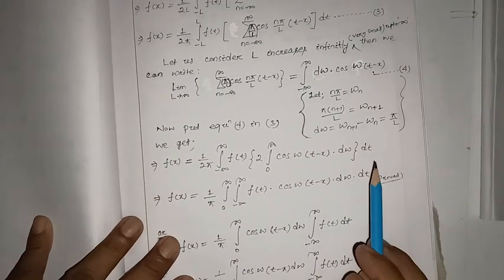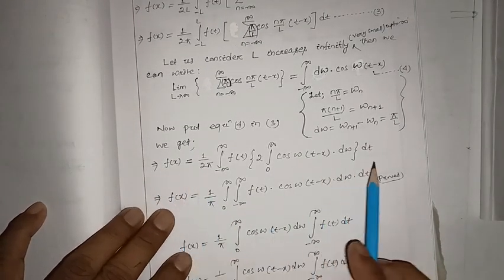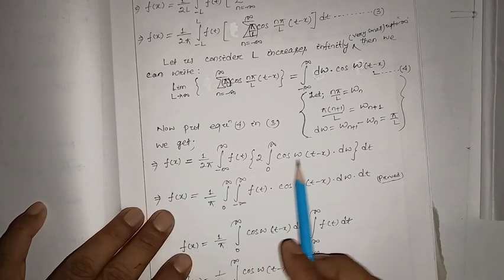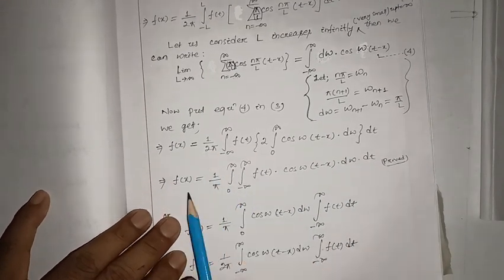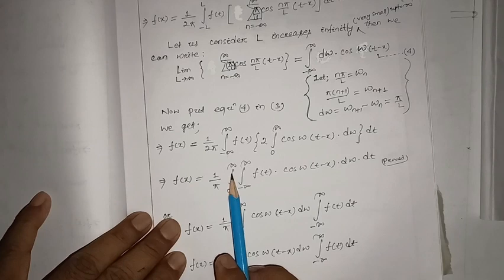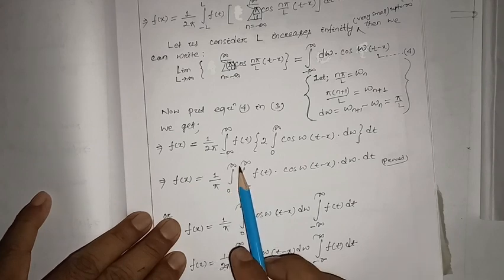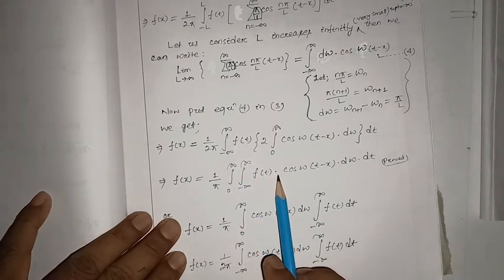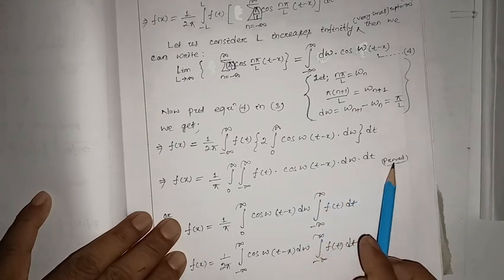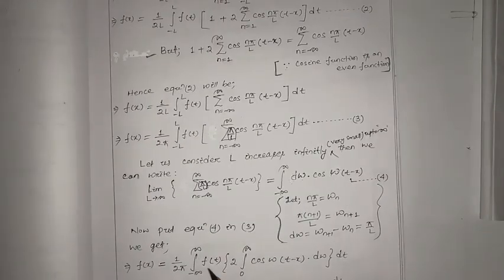So this is our proof, already we have proved. So f(x) equal to this one. Here 2 got cancelled. f(x) equal to 1 by pi, integral from 0 to infinity and minus infinity to infinity f(t) cos omega (t minus x) d omega dt. Hence proved what we intended to prove.